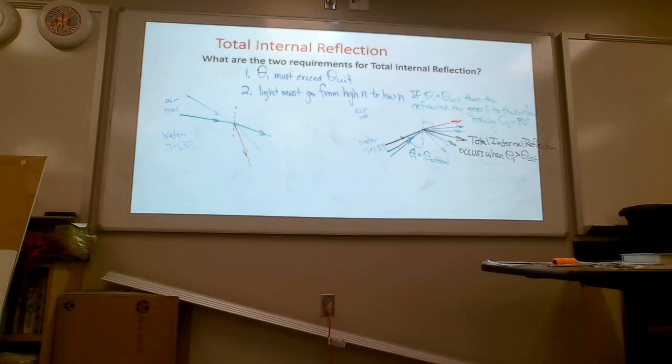It must bend away from the normal line. Has to go from slow to fast. Must go from a high index of refraction to a low index of refraction. Good with that?